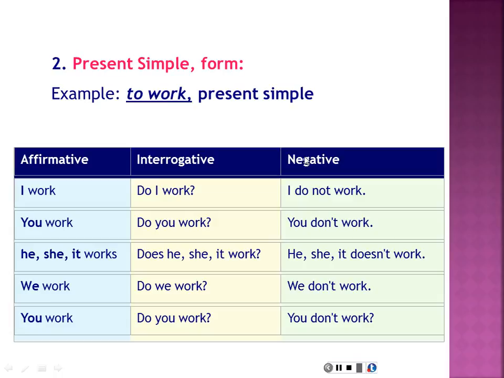So if we start with the first one, I work, you work, he, she, or it works. So he works, she works, it works. We work, you work. So only we add s with those three cases. في حالة السؤال, do I work, do you work, does he work, does she work, does it work, do we work, and do you work.